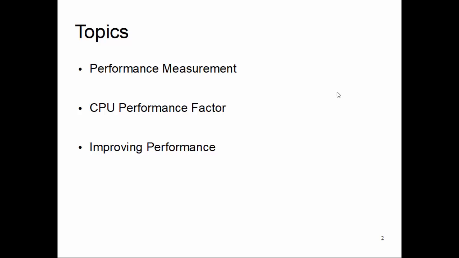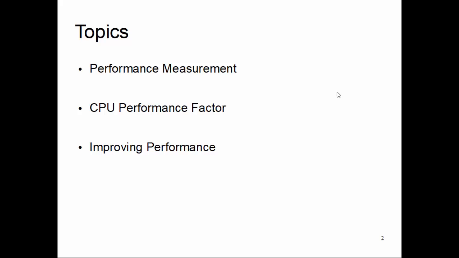This is a quantitative analysis of computing system performance, so we need to establish some definition and standard process to measure performance so that we can compare one revision of a computing system to another, and see how good or bad they are, right?